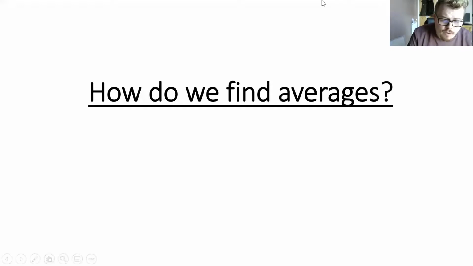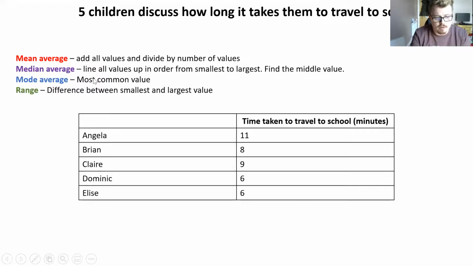Now, there are 4 different types of ways that we can condense this data. We have something called the mean average, the median average, the mode average, and the range. The mean average, the way we find that is we add all the values together and we divide by the number of values we have. We'll talk more about that in a second.